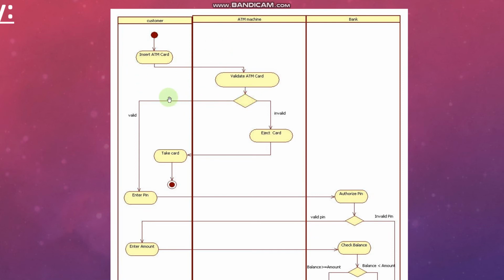If it is valid, it will go to the customer lane and tell the customer to enter the PIN. And if the card is invalid, it will eject the card and the customer will take back the card and the flow of activity ends here. This is just one possibility that we are tracing, that if a user uses an ATM card and the ATM card is not valid, then how the ATM machine will end the flow.